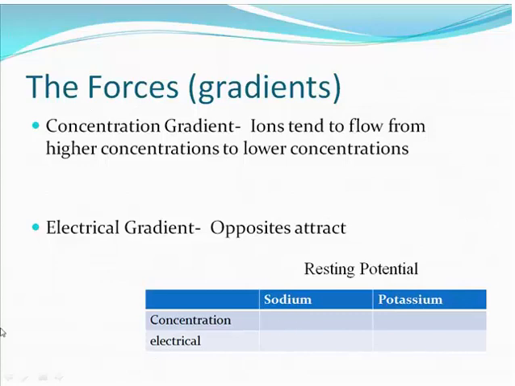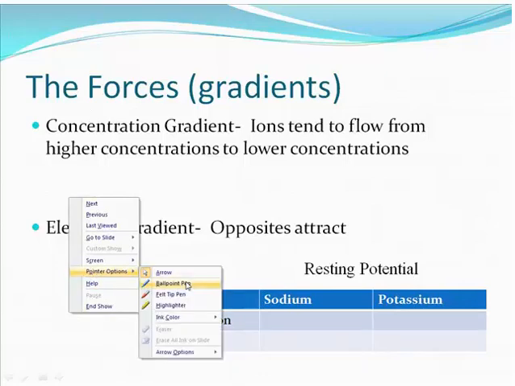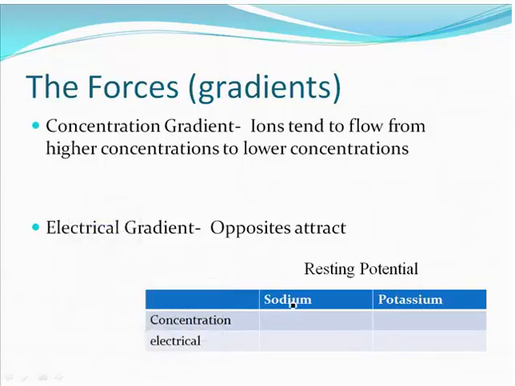So I made this little chart here, and I thought I could show you how we could do this together. Let's think of the resting potential. Here's our little axon and the dendrites, and here's the nucleus.